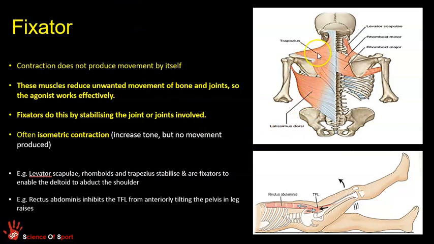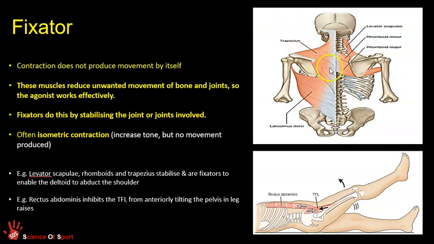Now these muscles, so the rhomboids, the trapezius, big kite-shaped trapezius muscles, they will contract isometrically to keep your shoulder girdle as still as possible, so that you don't lift your shoulders up and elevate your shoulders.